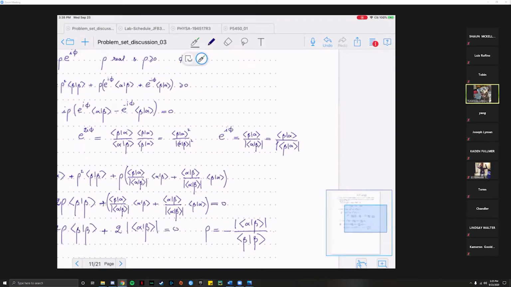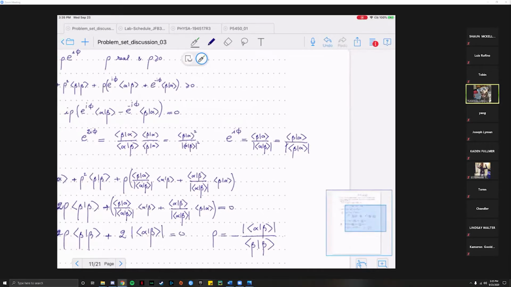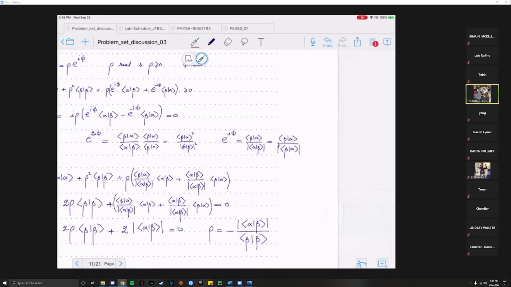Okay. So now I am realizing that maybe my mistake is with phi. You see what we wrote? We wrote this, and I'm happy with that. And then we said take the square root.